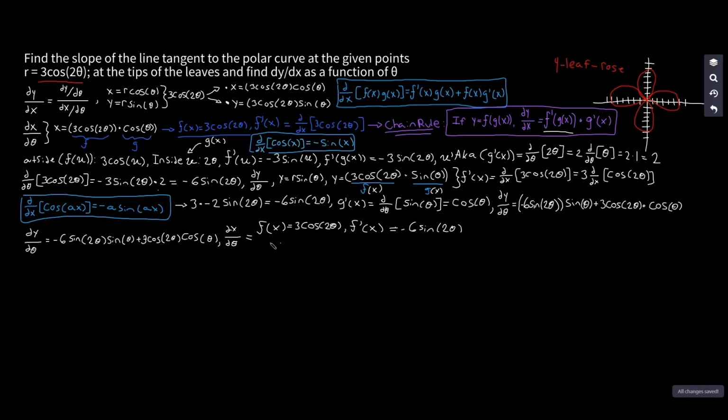Okay, then the g of x, that was going to be cosine of theta. G prime of x, that's just going to be negative sine of theta. All right, so here's what we didn't do before.